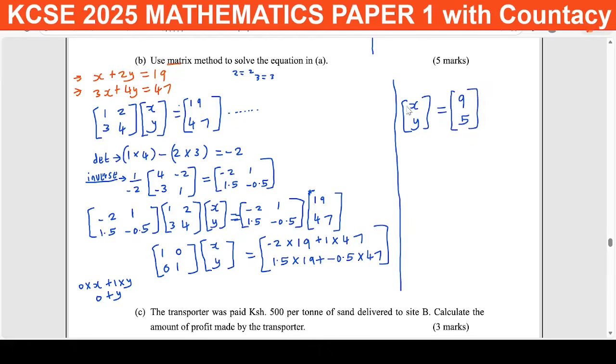So finally, you can say that x, just the way that it matches exactly here, you see that x is equivalent to 9 and y is equivalent to 5. And you know what? By just doing that, you have your 5 marks already in your pocket.